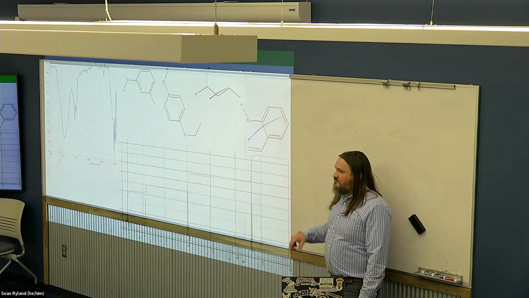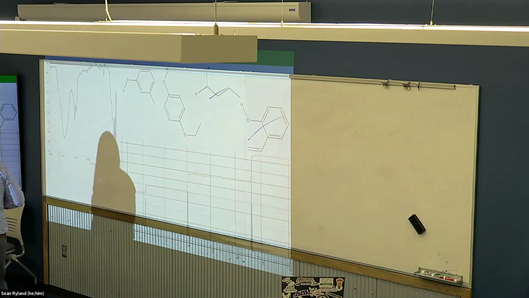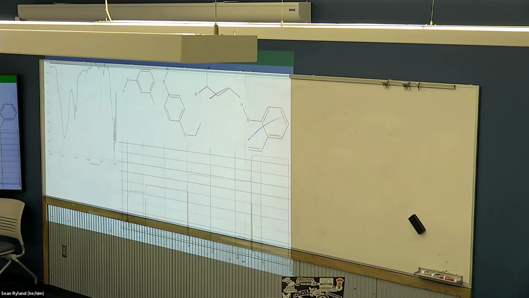And the IR tells us the same thing, because there are 2 oxygens over here on this molecule, and only 1 over there. Ethers don't really show up reliably here. And even if it was 2 alcohols, it's hard to look at something like this and tell if that's 2 alcohols or 1 alcohol, because the reason that you get that big broad peak for alcohols is those intermolecular forces, and that's going to look pretty similar for both alcohols in a system.